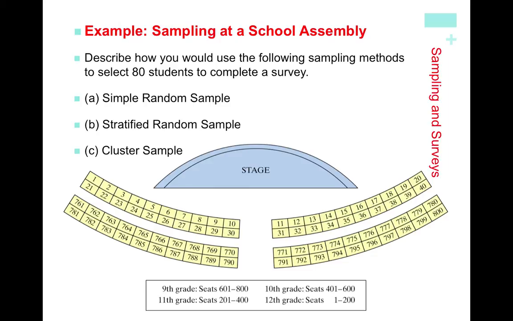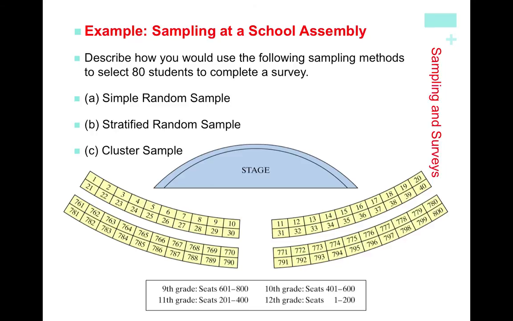A stratified random sample would look a bit different. Because students in the assembly are seated by grade level, and because students' library use might be similar within grade levels but different across grade levels, we'll use the grade level seating areas as our strata. Within each grade's seating, we'll select 20 at random.